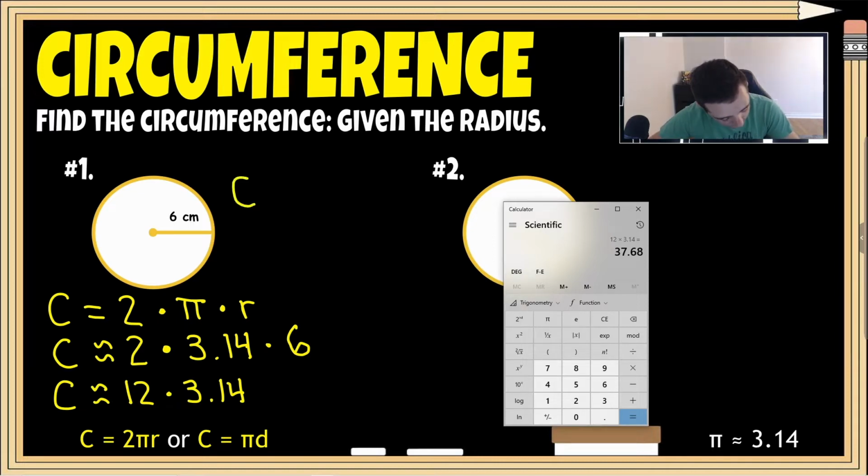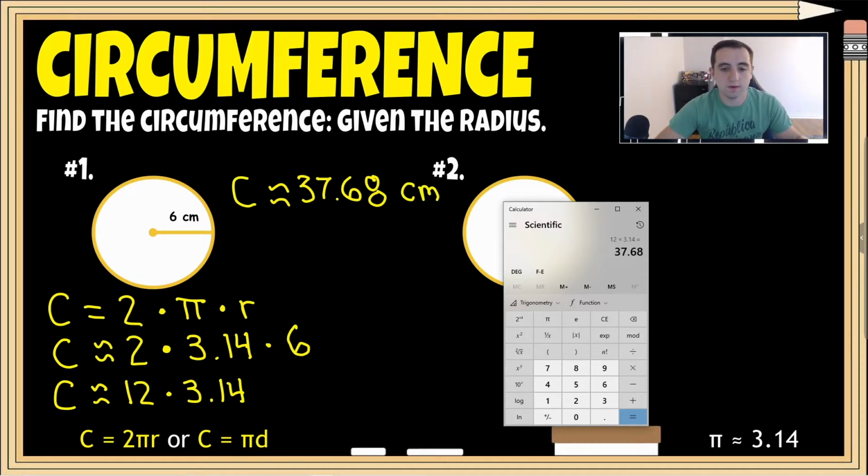We have C is approximately 37.68, and the units of measurement that we're using is centimeters. Okay, so final answer, circumference is approximately 37.68 centimeters. Now if you watched my previous video on area, it would be squared centimeters, but since we're talking about circumference, do not square your units of measurement.